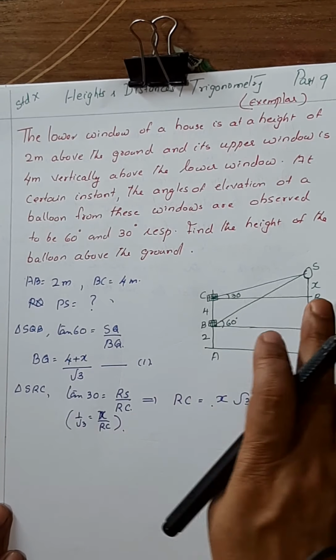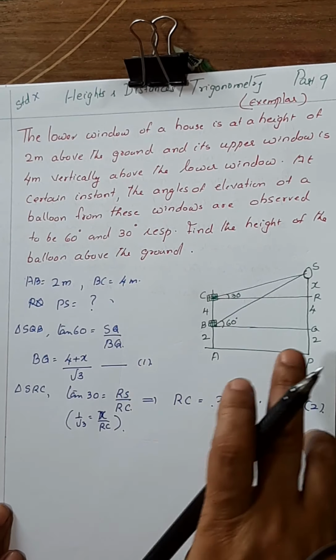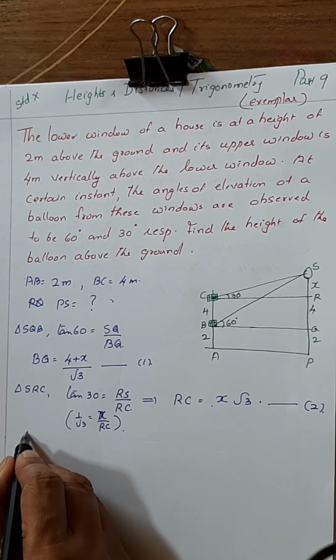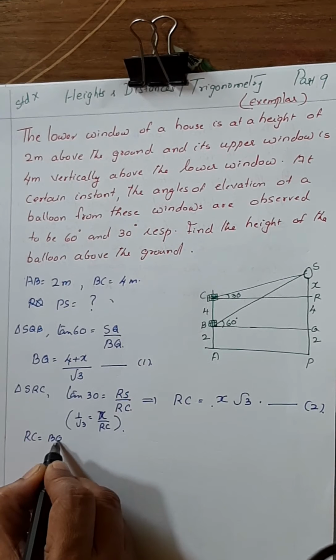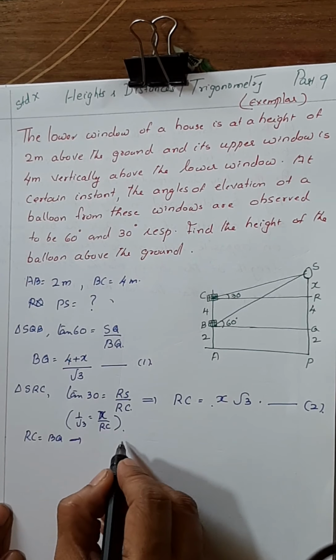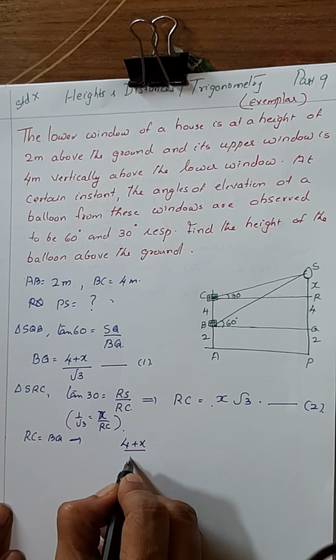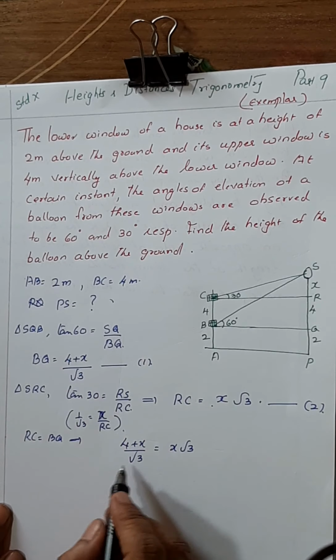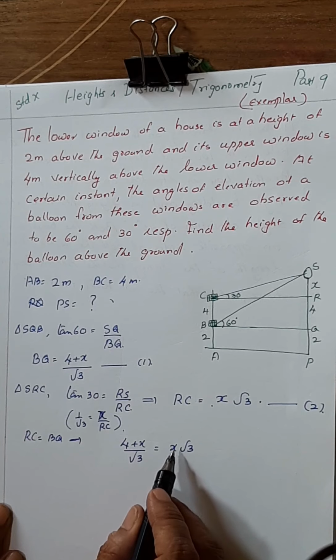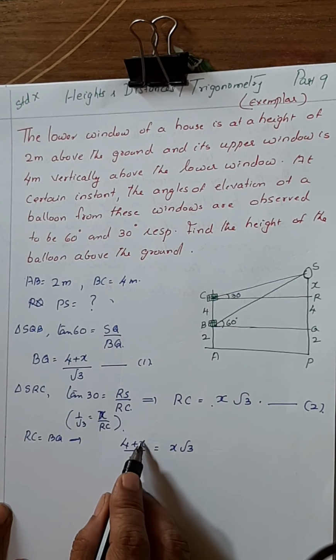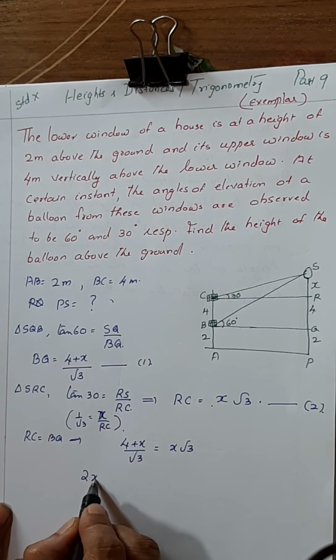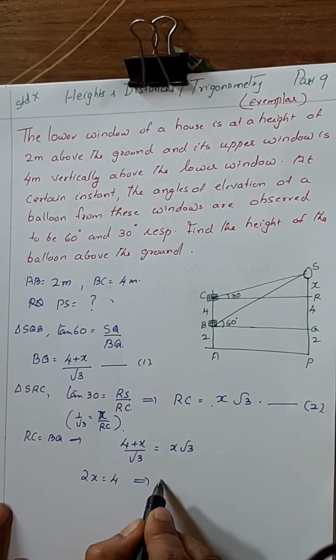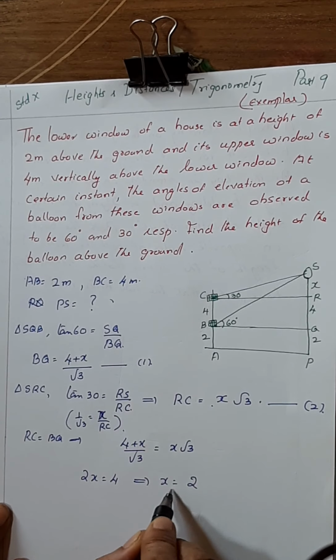Now we know RC is equal to BQ. Therefore, 4 plus x by root 3 is equal to x root 3. So, cross multiplying, it becomes 3x. So, 3x minus x is 2x is equal to 4. So, x is equal to 2.